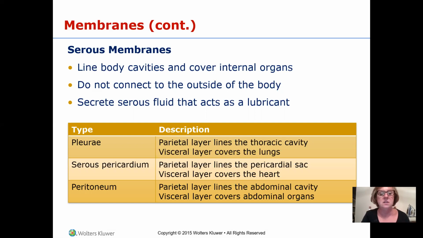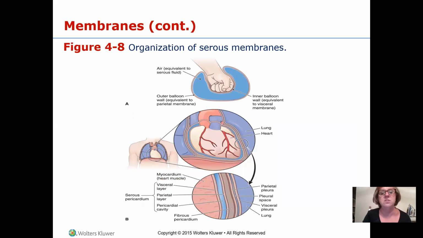The serous pericardium is that which goes over the heart, cardium, heart. And then the peritoneum is the lining within the abdominal cavity itself, and it covers all of the abdominal organs. So this is what I was talking about, the organization of which. So the hand would be the organ.